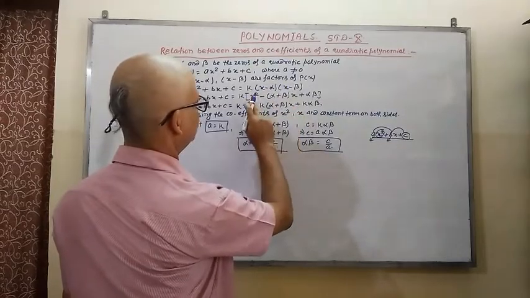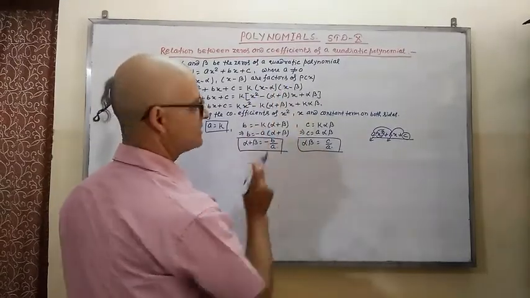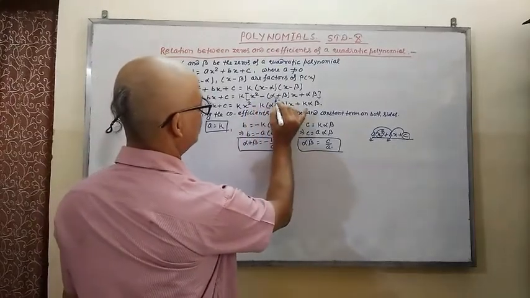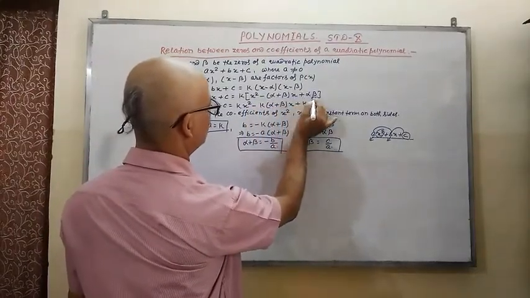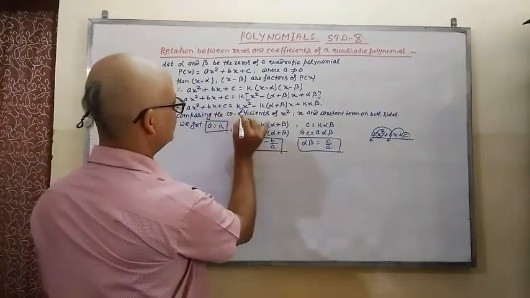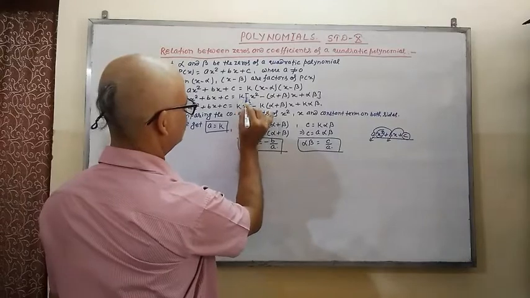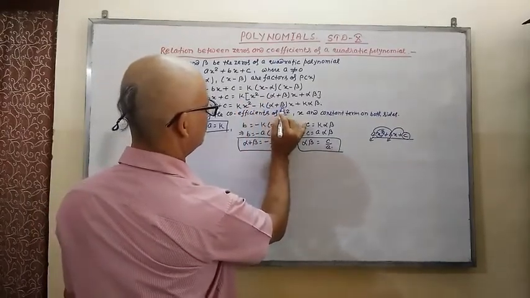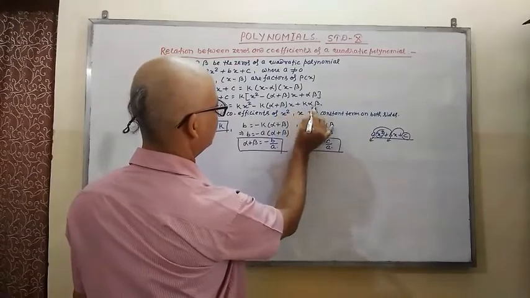This we will multiply. When we multiply x minus alpha, x minus beta, then it becomes x square minus (alpha plus beta) into x plus alpha beta. So ax square plus bx plus c is equal to kx square minus k into (alpha plus beta) into x plus k alpha beta.